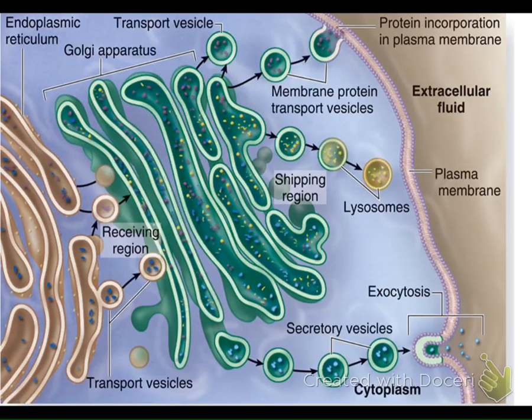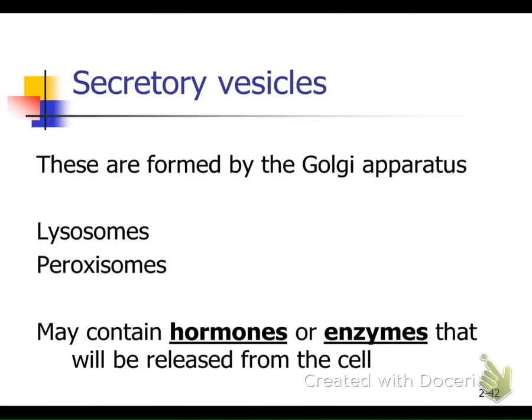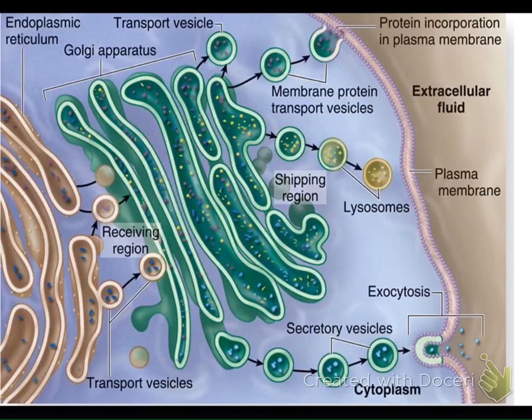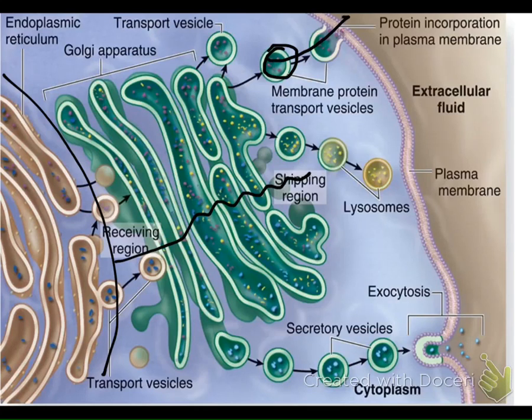Another cartoon. I think this one may be a little easier to see because it's more labeled. Here is some of the rough ER over here. On the left-hand side, you see the brown. So there's your rough ER. And then the receiving side going through the layers of the Golgi and then out. And here you can see that some of these proteins have been packaged to be exocytosed out of the cell.